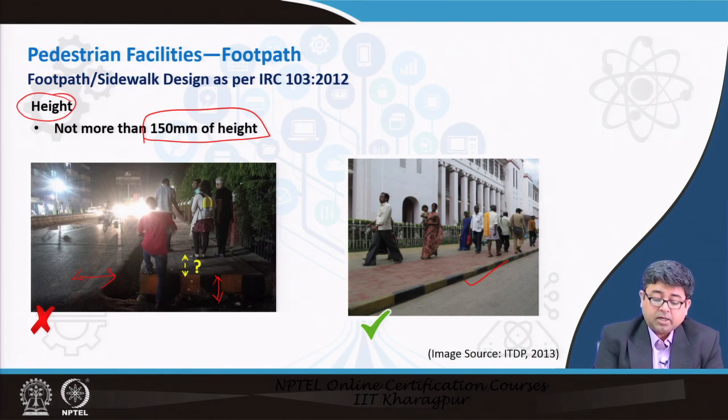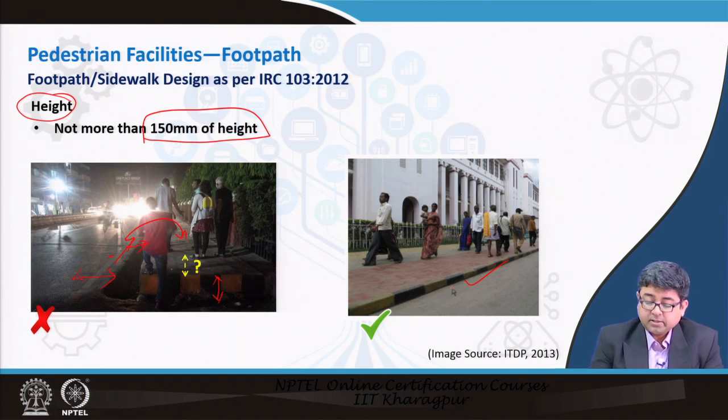There are multiple other design failures which we will get to, but what IRC says is that if you have such a high footpath, what is likely to happen is that if a motor vehicle is plying on the edge of the road here, it may hit this raised sidewalk and then topple over into the pedestrian zone, right.